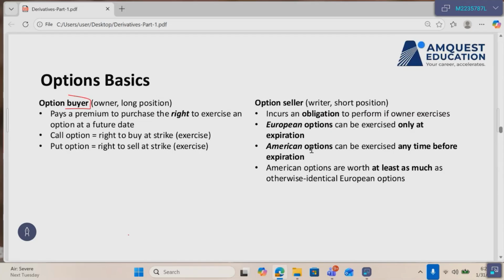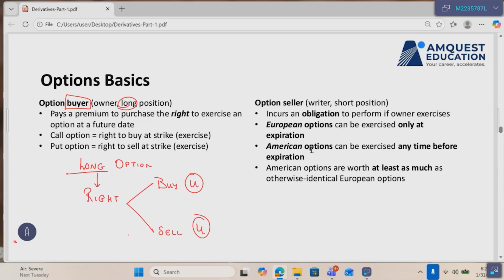Okay. So let's understand the meaning. The person who buys an option is the long. Okay, now remember, long is not buying the shares, the underlying. So the person who is long of an option, he has the right. Now, what is the right he has? The right that he has can be either to buy the underlying, or the right to sell the underlying.